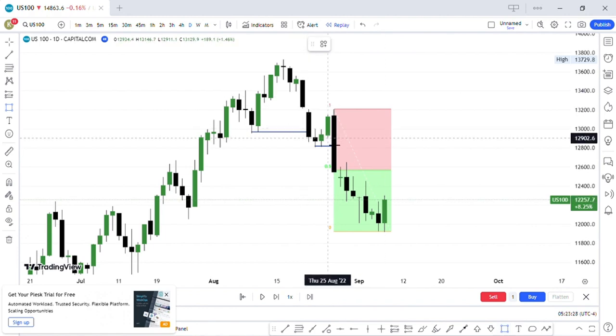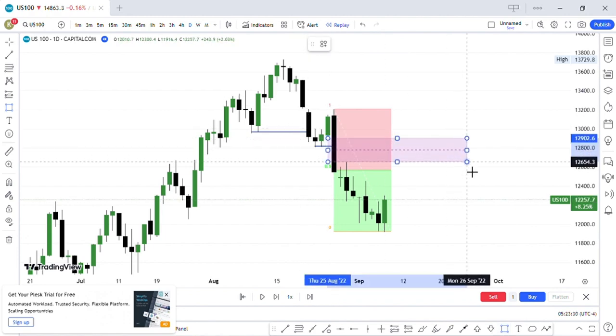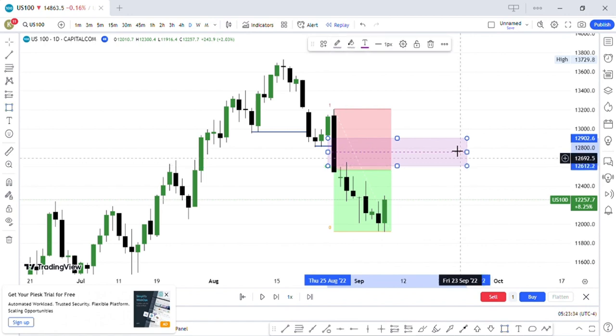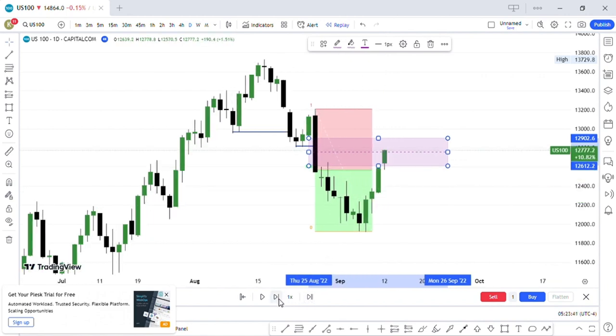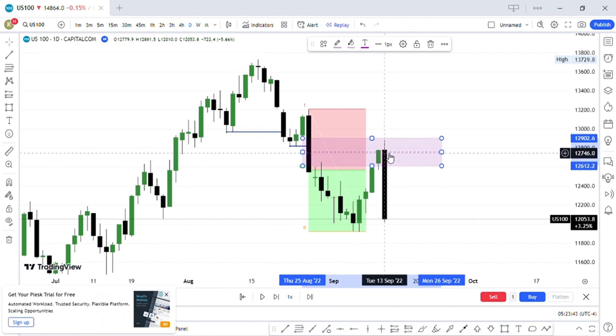So we're looking for the market to come into this fair value gap before selling again. The market came into the fair value gap. Then if you want to refine your entry, we talked about the 50% of the fair value gap, which is the consequent encroachment of the fair value gap. You sell here and you target here.